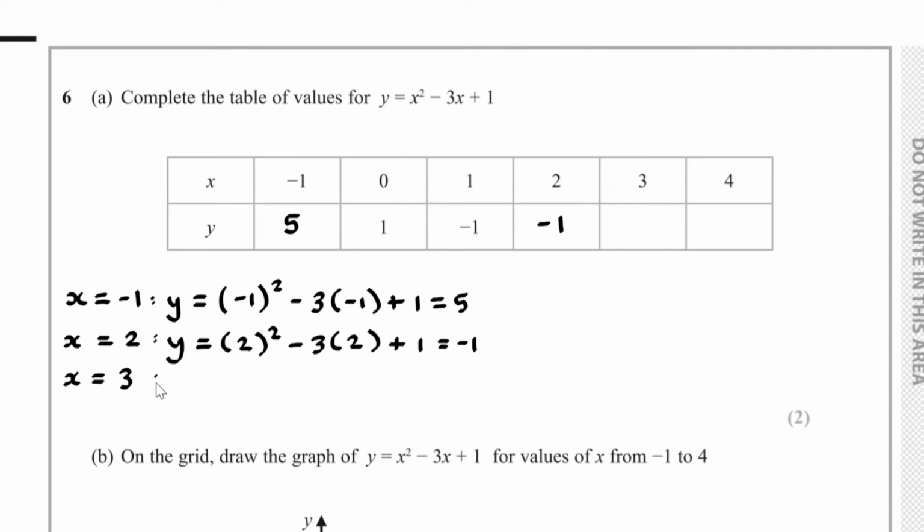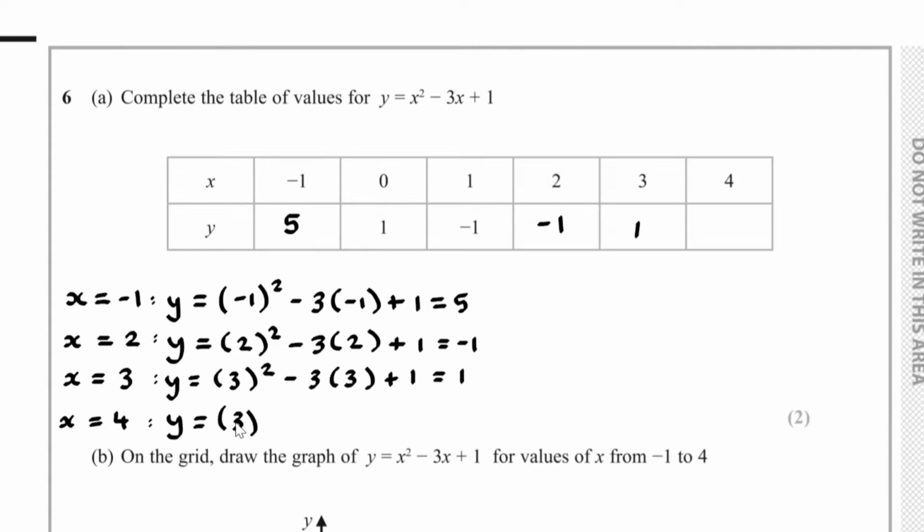When x is equal to 3, y is equal to 3 squared, subtract 3 multiplied by 3 plus 1, and it turns out here we get 1. And when x is 4, y is equal to 4 squared, subtract 3 multiplied by 4 plus 1, which is 5.